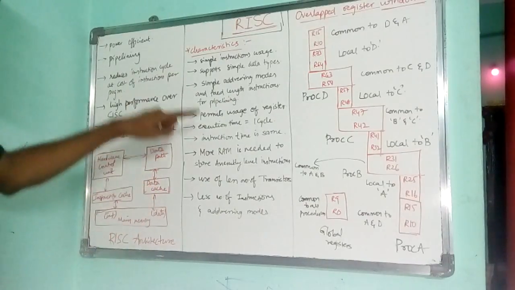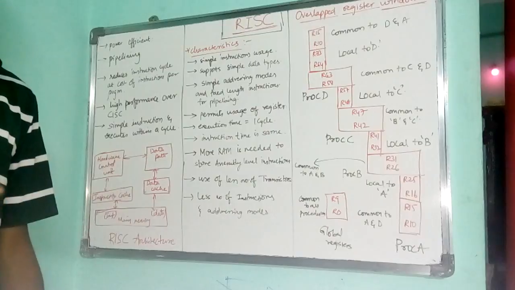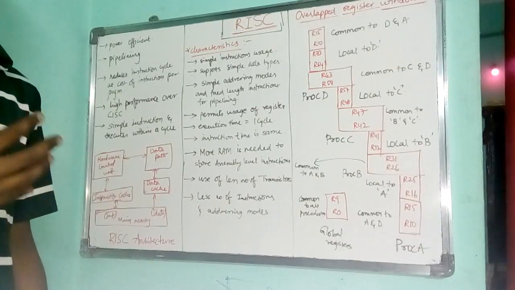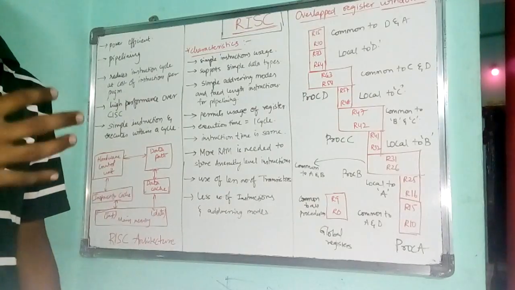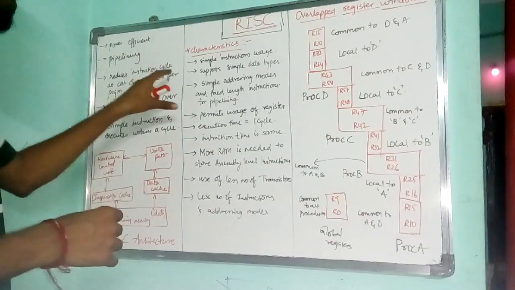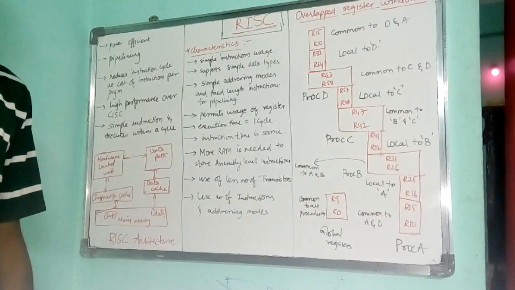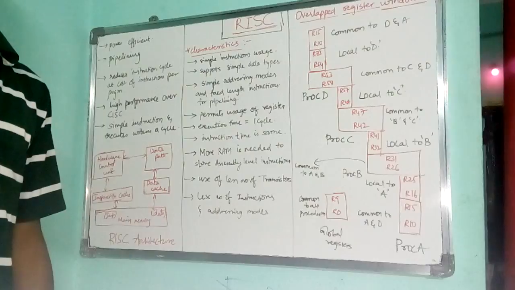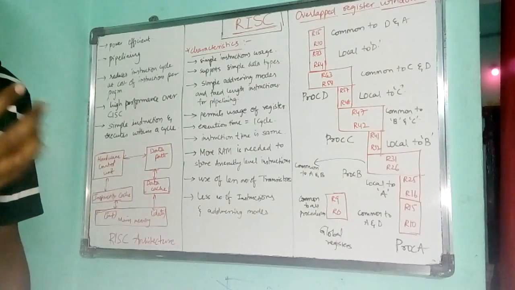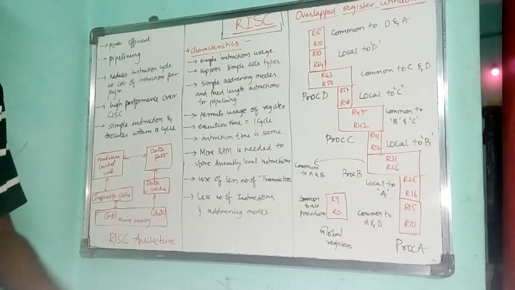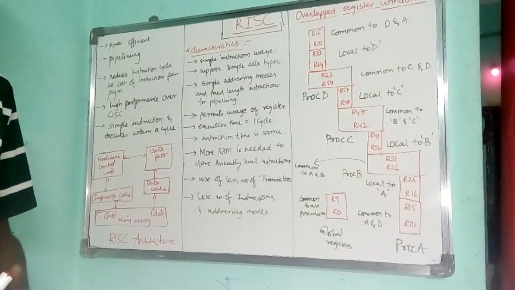Okay, as instruction cycle is less, although there might be many instructions which are to be executed, it consumes less cycle of time for that, so we get the output in very few seconds or very few microseconds. That means we say it as one cycle approximately.